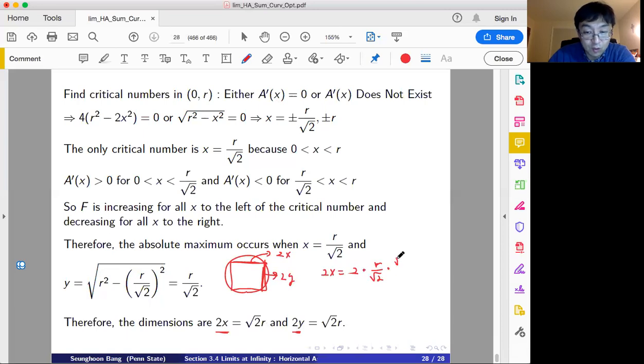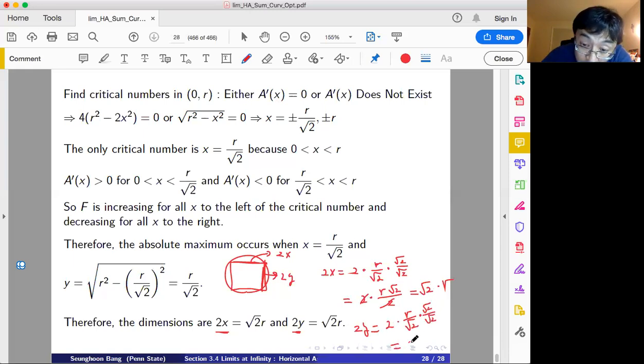You can rationalize the denominator: 2 times r times root 2 over 2. The 2 is crossed out. The answer is the square root of 2 times r. For 2y, same: 2 times r over square root of 2, multiply by root 2, we have 2 times r root 2 over 2. The 2 is crossed out. The answer is root 2 times r. So we have these dimensions.